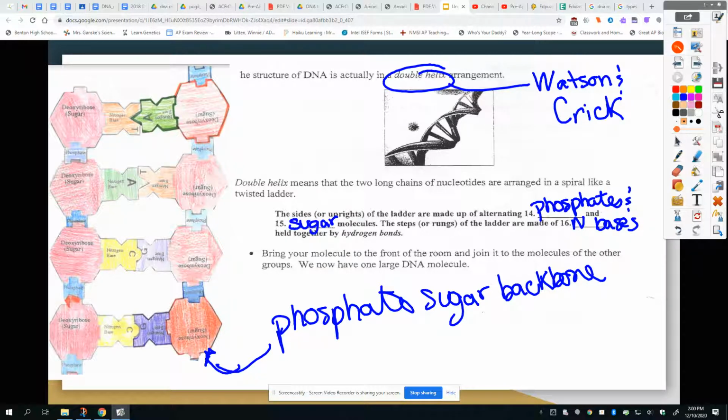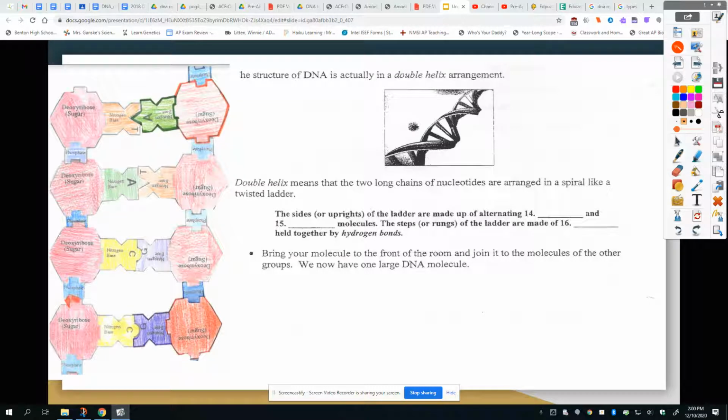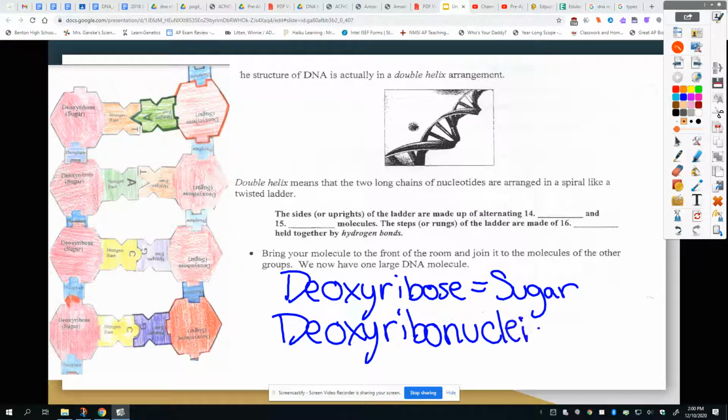The phosphate sugar backbone is the main component of it, where the bases come off of that backbone. And the sugar in DNA is deoxyribose. And DNA stands for deoxyribonucleic acid.